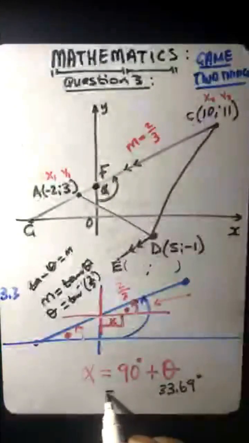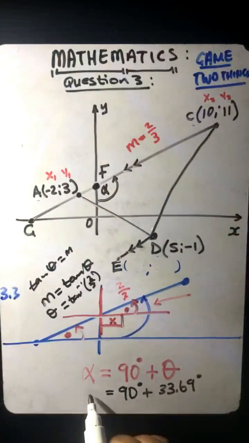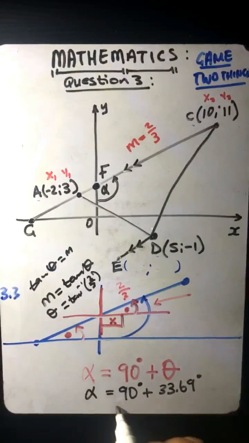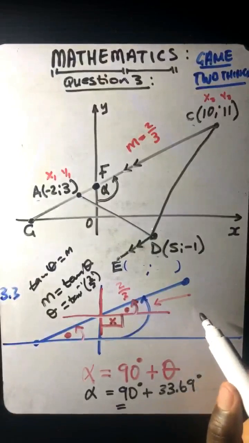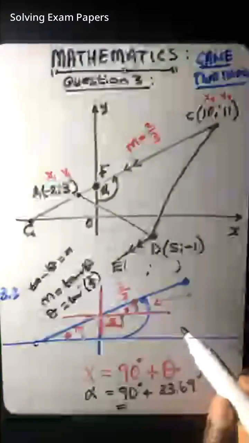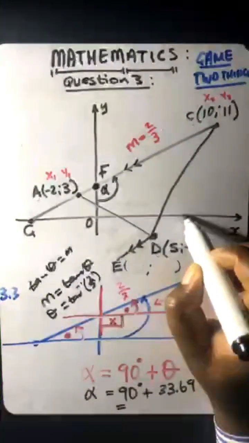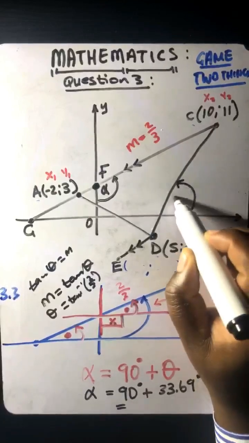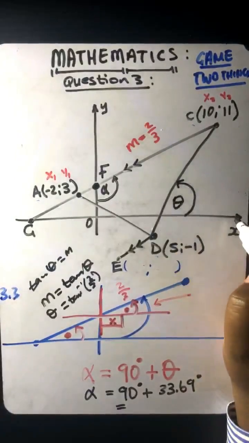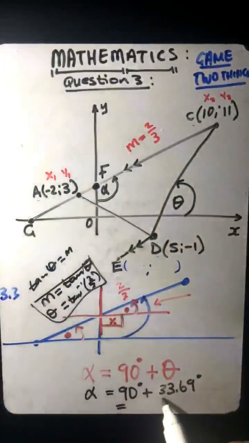33.69 degrees. So you are therefore going to add it to that 90, and that's how you get your alpha there. So if a question comes, check if the angle involved starts from the x-axis. If it starts from the x-axis and goes to that line, then this is what we call an angle of inclination. You just do that, you get 33 point something, then it's done.